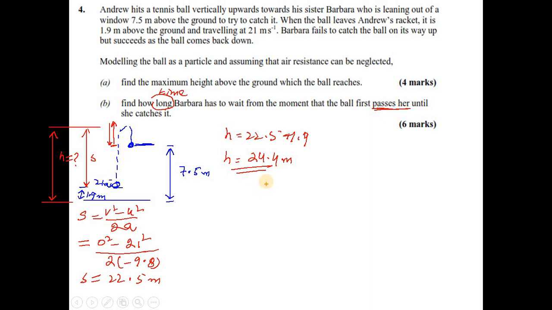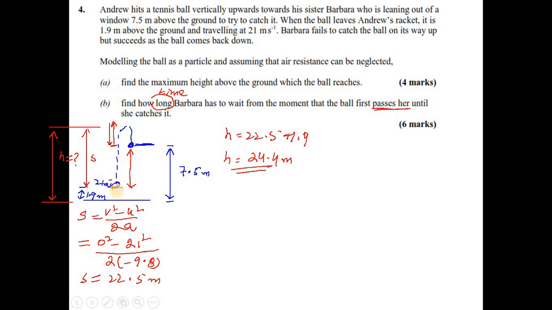First of all, you can use the concept of the height traveled by the ball. Okay, let's see. We have this height from the window, from that point, and this height we can find after subtracting 1.9 from 7.5, and maybe we can use the second equation of motion so that we can have a time, because we have initial velocity here.